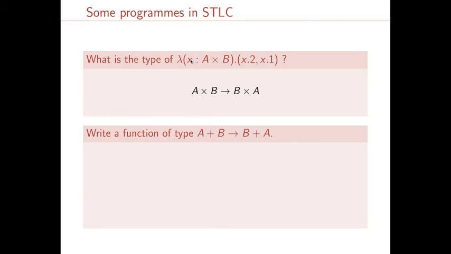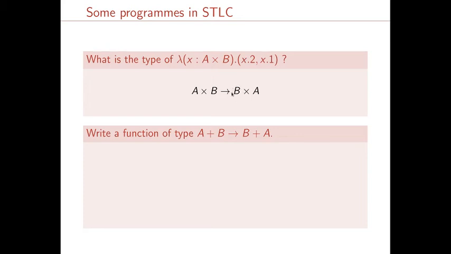Let's see what this function does. So it takes an x and maps it to a pair. So we know that the output is a pair type, has a times. So we just have to understand what goes to the left and to the right of the pair. But if x is of type A times B, then x dot 2 is of type B, according to our rules.